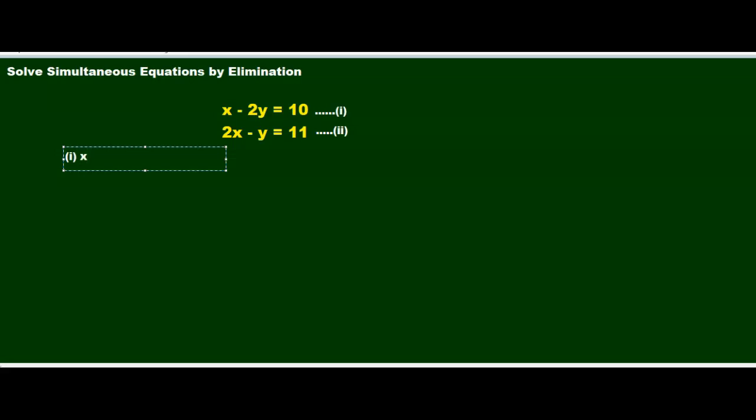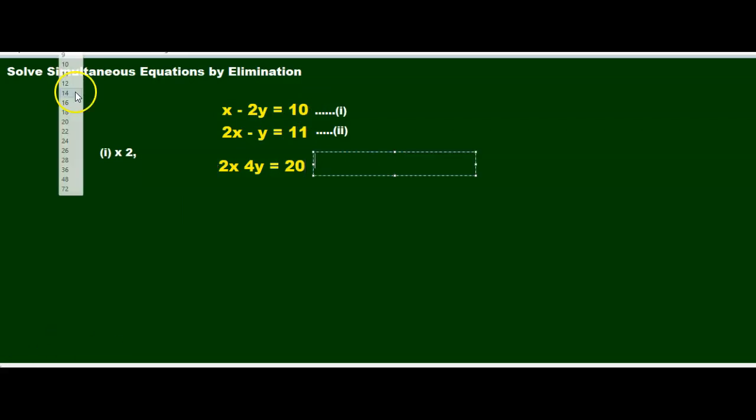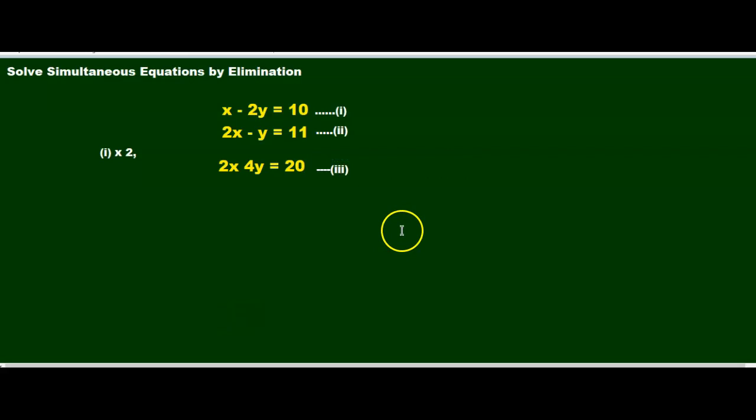times 2. So that gives me 2 times x gives me 2x minus 2y times 2 gives me 4y equals 10 times 2 gives me 20. And I'm going to call that equation 3. Okay.